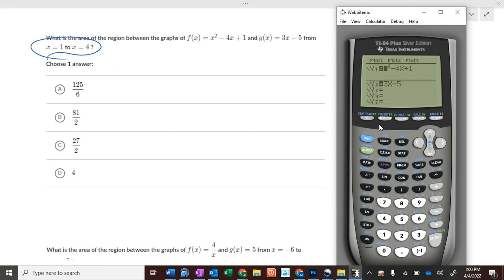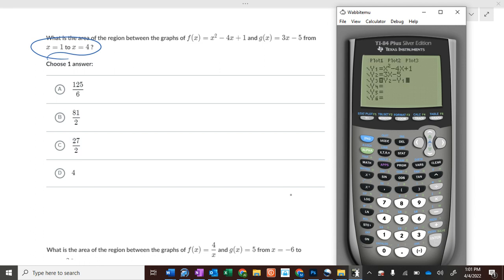So we could integrate this all and do all kinds of work, or we could just take the graphing calculator and turn it off, but don't clear it out. Go to VARS, then over to Y-VARS and Function, and go y2, then minus, then VARS, Y-VARS, Function, y1.